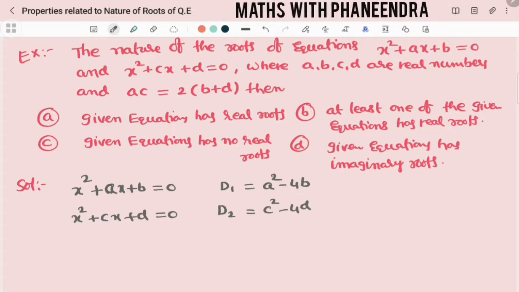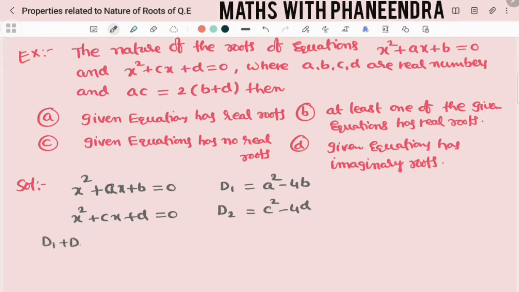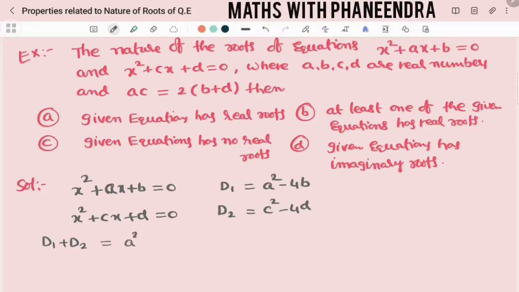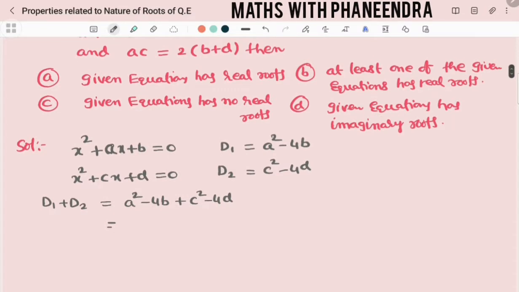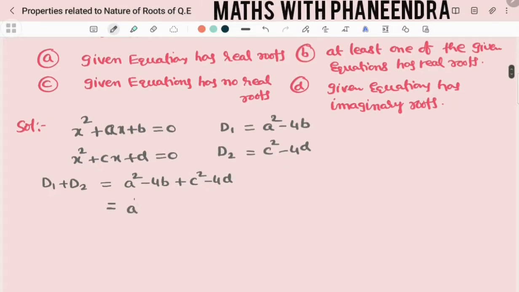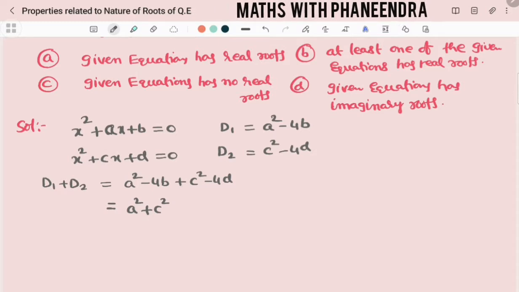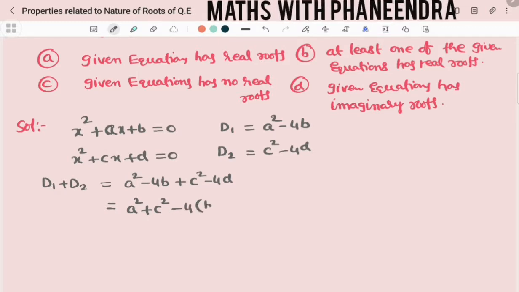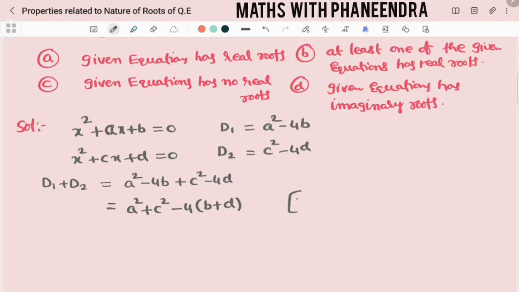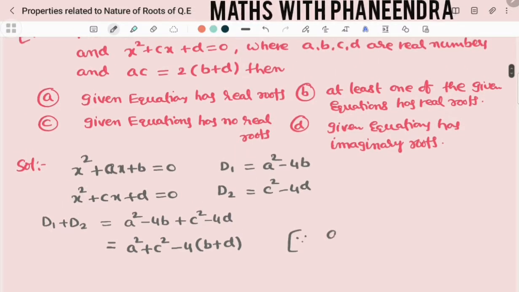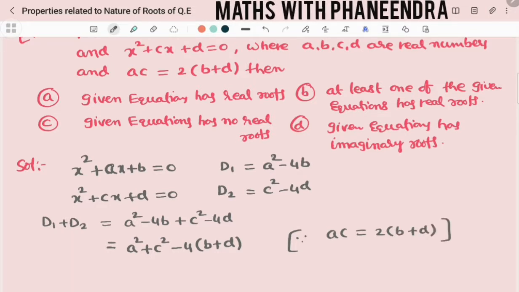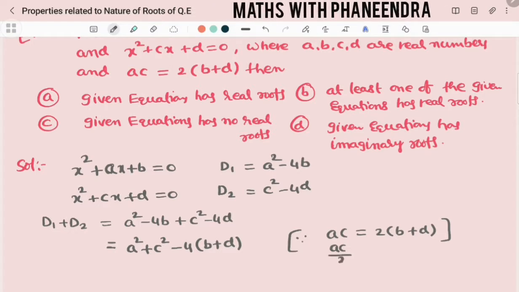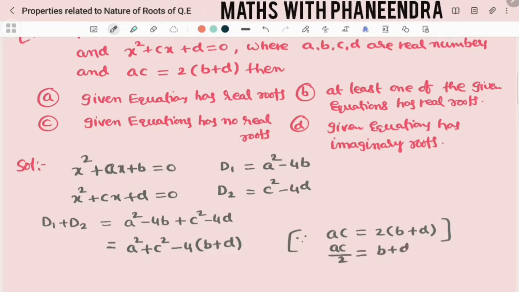Now calculate d1 plus d2. That is equal to a square minus 4b plus c square minus 4d, that is equal to a square plus c square, and from these two, minus 4 taking common, b plus d. Since we have the condition AC is equal to 2 times of b plus d, from this make b plus d the subject: AC by 2 is equal to b plus d.